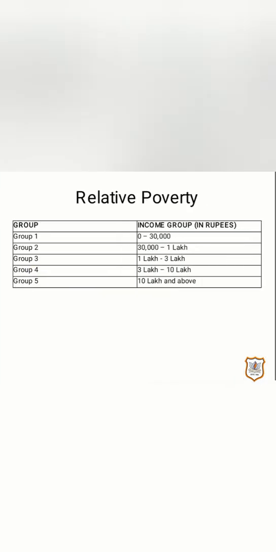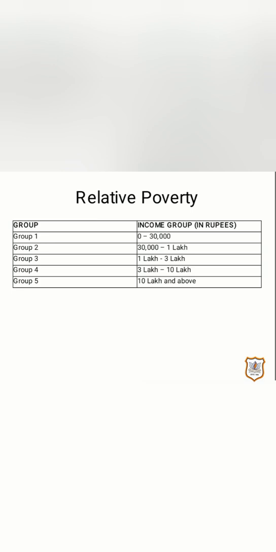Now, in order to explain this concept of relative poverty, it can be studied with the help of a hypothetical example. Here, as you can see in the table, a nation's population is divided on the basis of 5 income groups. There are 5 groups, and on the basis of income, the entire population of the nation is divided.